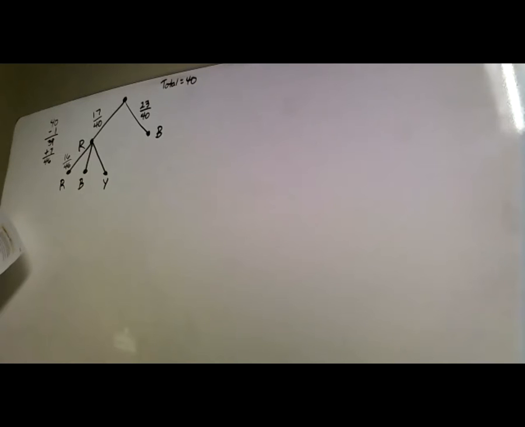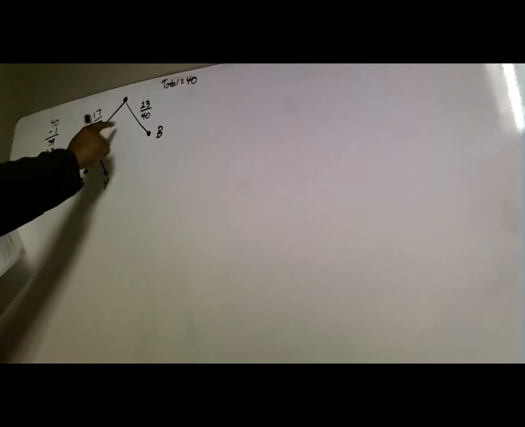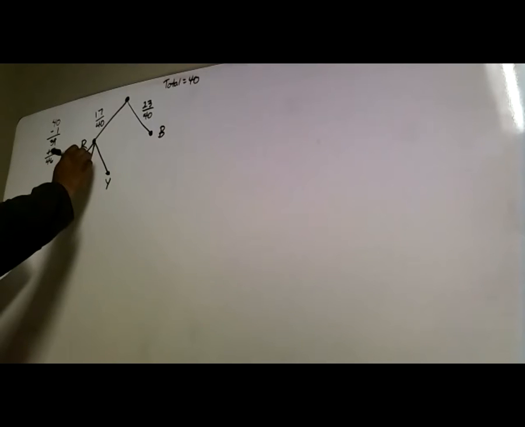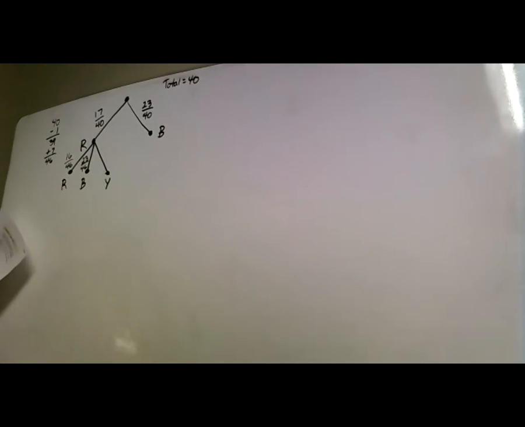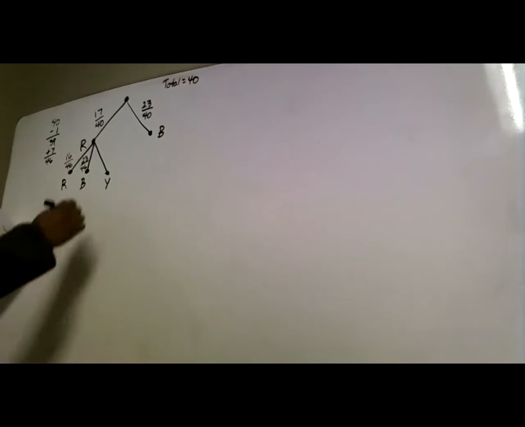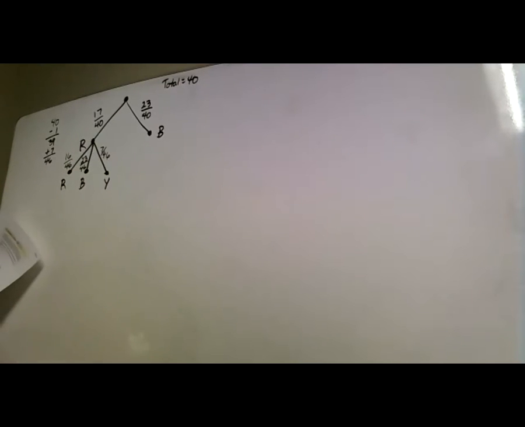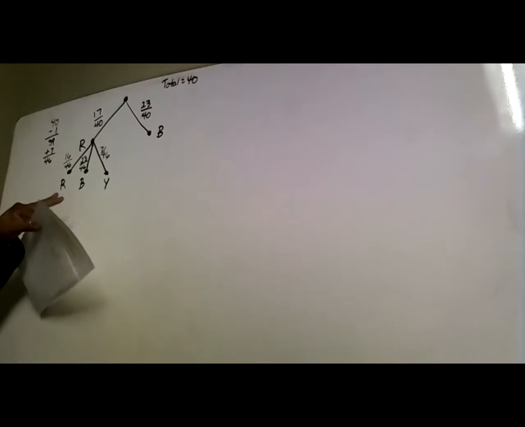And for the number of black marbles, since that first marble drawn was red, you're still going to have 23 black marbles, this time out of 46. And then the probability of getting a yellow marble, here we added 7 yellow marbles. So that probability will be 7 out of 46.